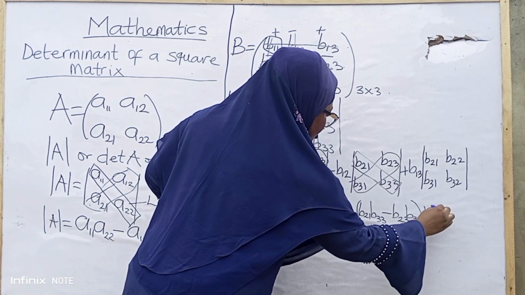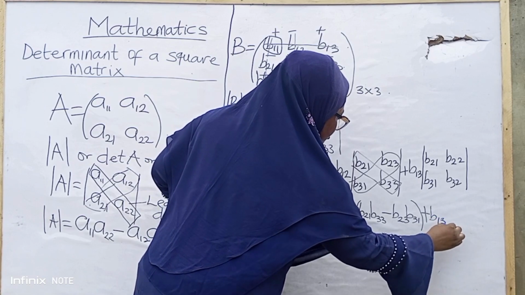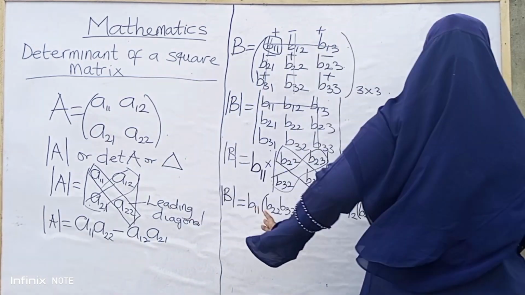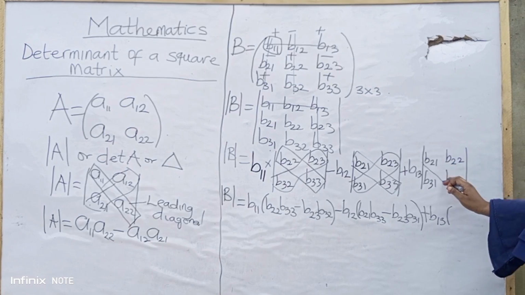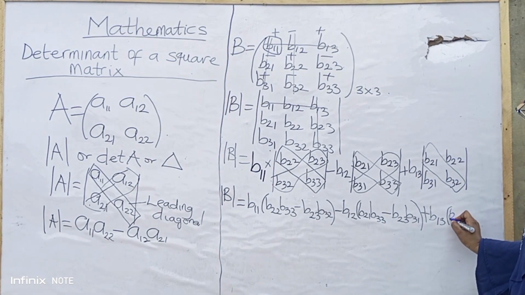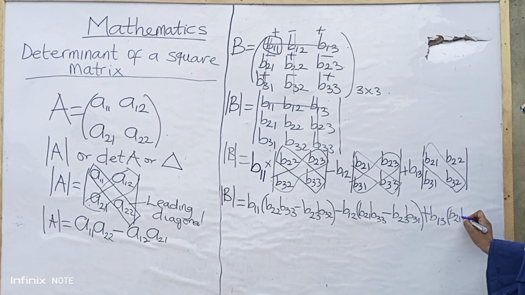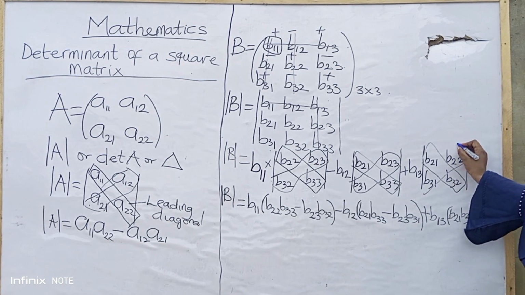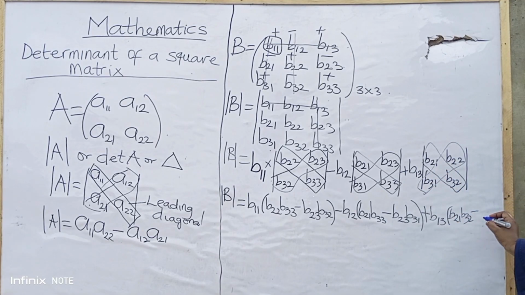Then plus B13 times the determinant of this one, which is B21 multiplied by B32 minus B22 multiplied by B31.